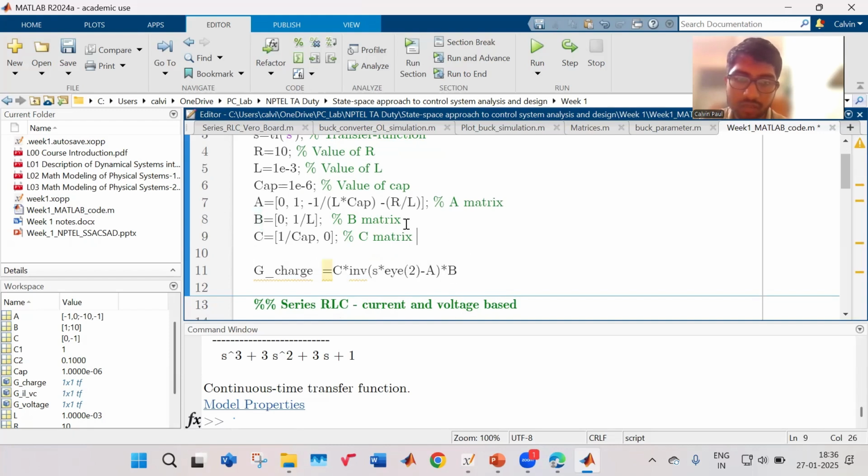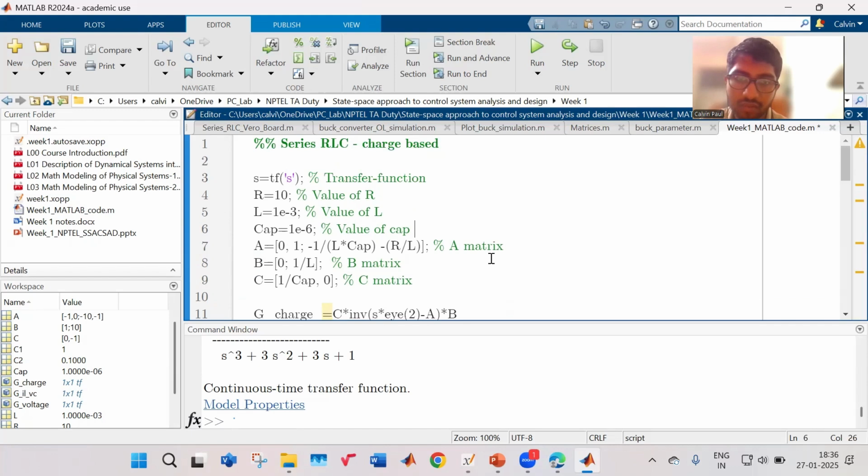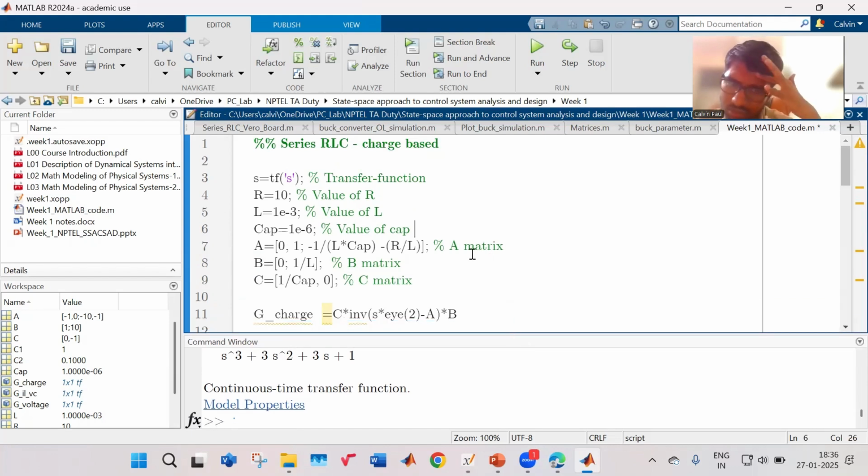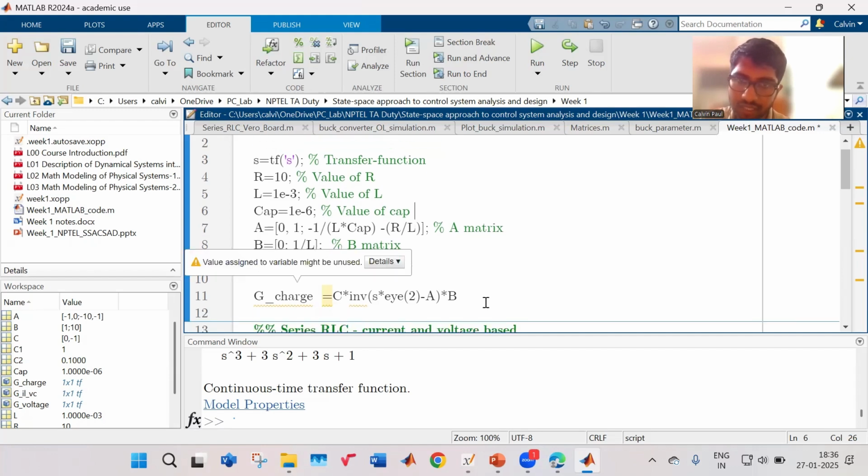So what I will do is I will just run this section of code. I hope you guys use MATLAB because it is a very useful tool. What I've done is I've just initialized variables, given values to them, and written the A matrix, B matrix, C matrix. Now I'm finding the transfer function from there.